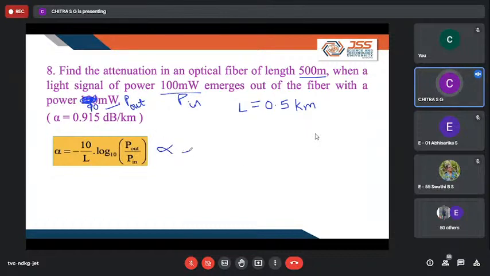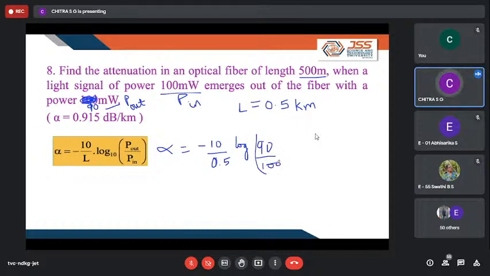So alpha will be equal to minus 10 by L. L is nothing but 0.5, so minus 10 by 0.5, log to base 10 of 90 by 100, that is P out by P in.